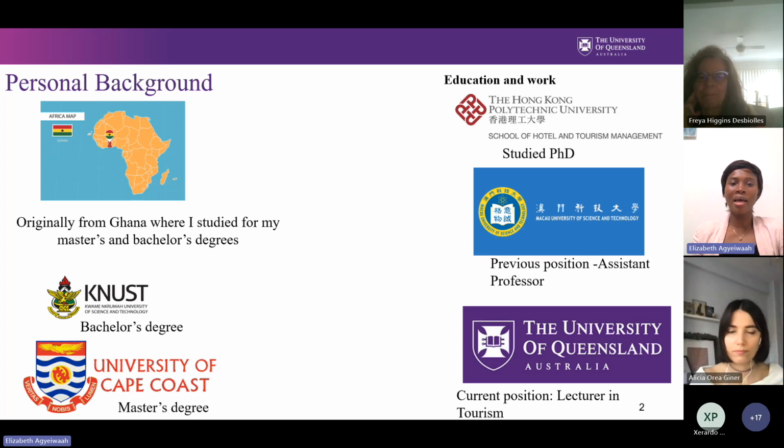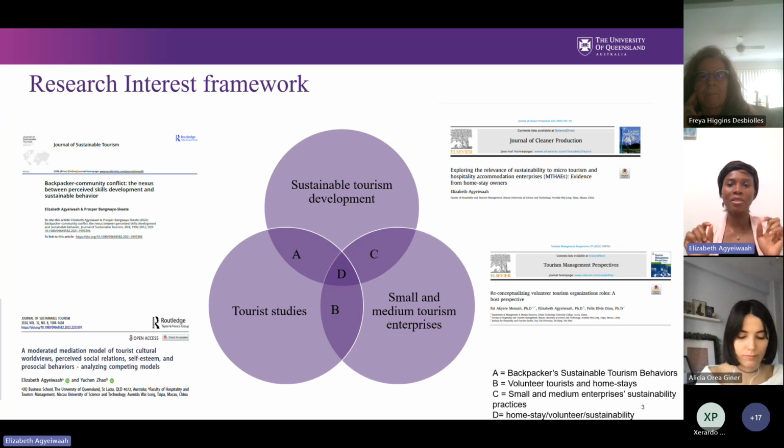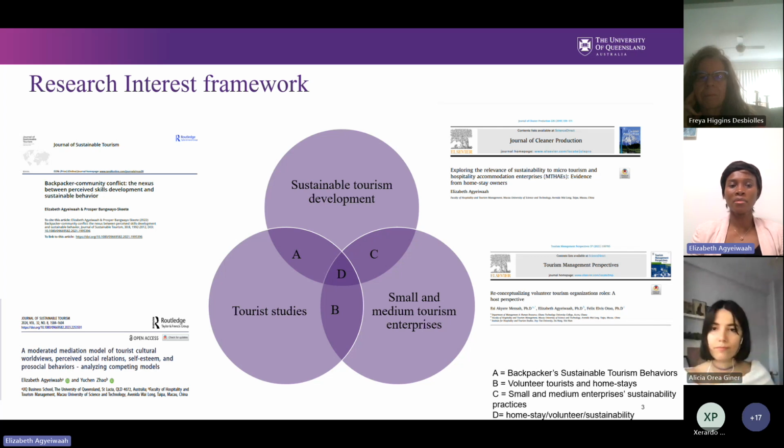And then I would like to highlight a little of what Alicia mentioned about what I do and where my research interests are. My research interests are in three broad areas: sustainable tourism development, small and medium tourism enterprises, and tourist studies.